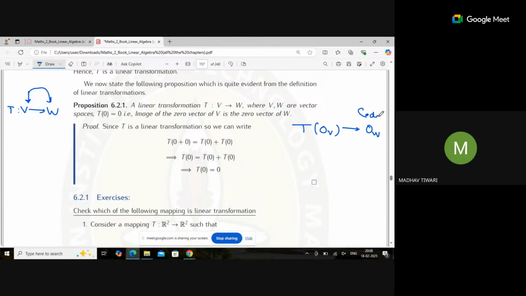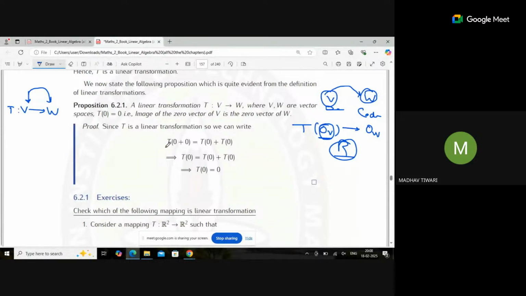Here it's the domain, V vector space, and it is W. The range space is something else that we will consider shortly. So every time, the zero vector of vector space V, when transformed using any linear transformation, is mapped to the zero vector of the W vector space.